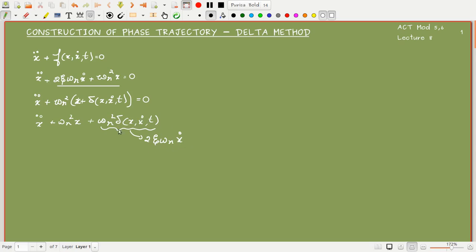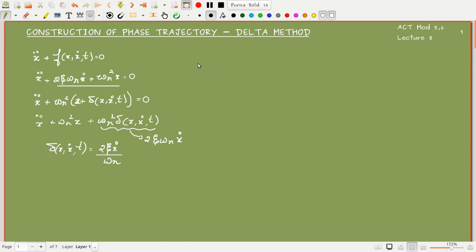So delta of x comma x dot comma zeta would be equal to 2 zeta x dot by omega n. This is how we represent this equation to apply the delta method.